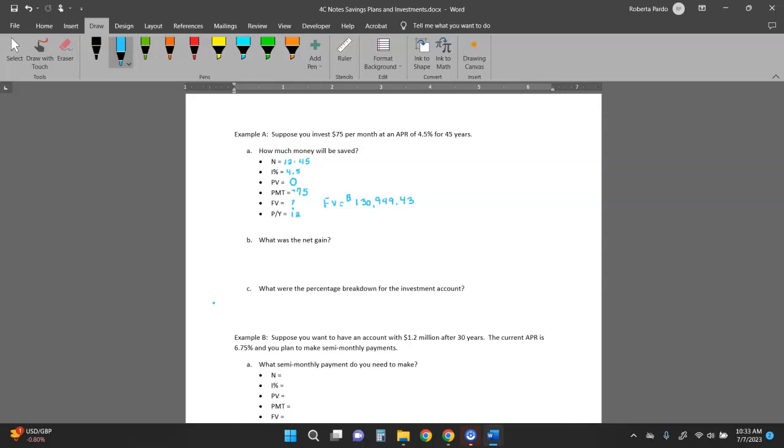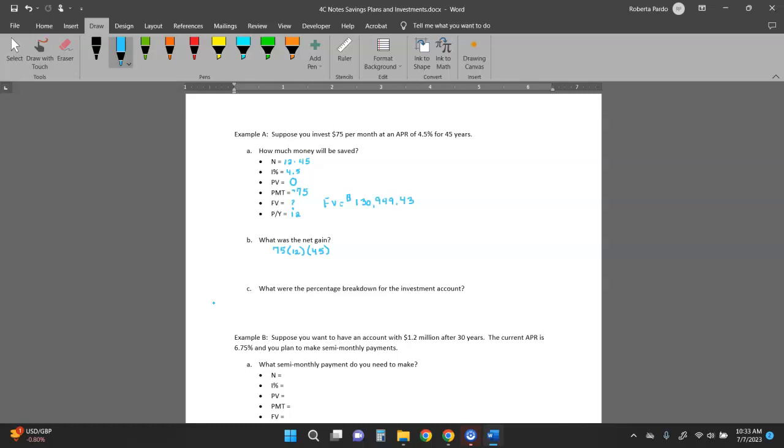Remember, the net gain is the difference between the amount invested. So we invested $75 every month for 45 years. We need to know that. And then we're going to subtract this from our future value, from what we ended up in the bank.